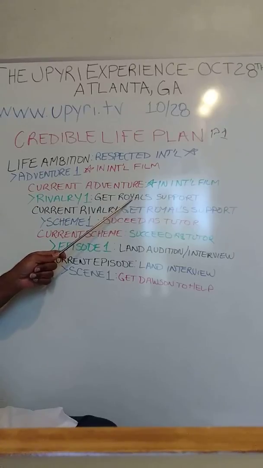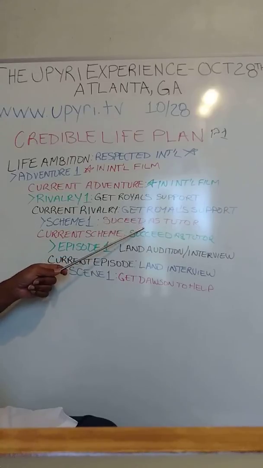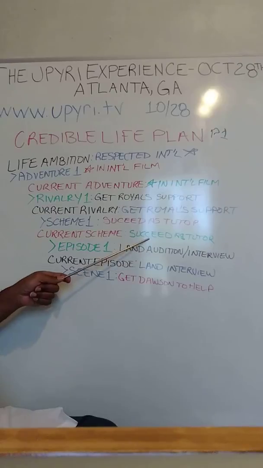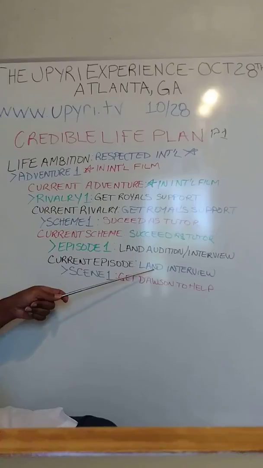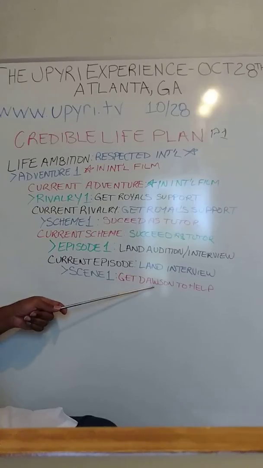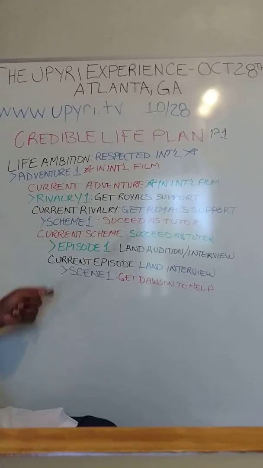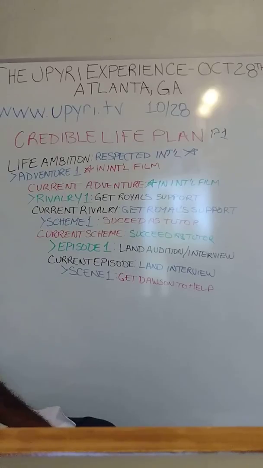In order to get the support of the royals, he needs to succeed as a tutor. In order to succeed as a tutor, he needs to land the audition or interview. If he doesn't have the job, he can't succeed as a tutor. Then, in order to land the interview, he needs to get help from Dawson, and Dawson is going to help him fake his paperwork to say that he's an ASL instructor. This is what the breakdown of a credible life plan looks like.